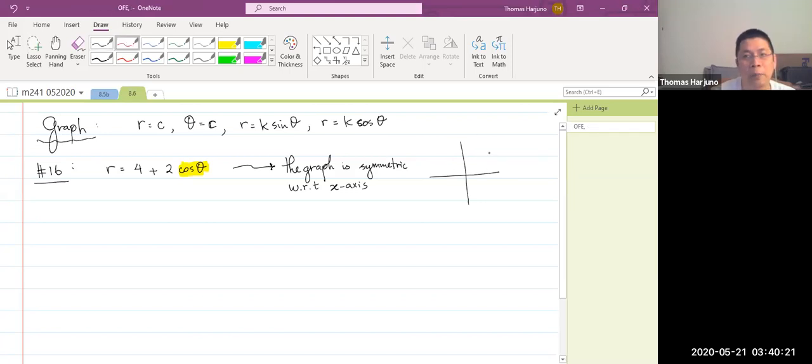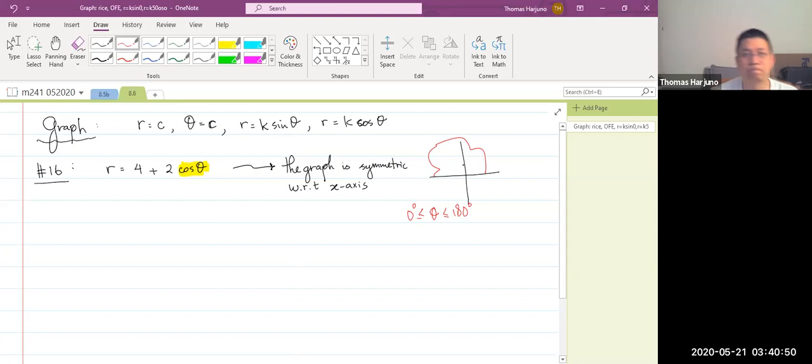Whatever you graph up here, you will copy, paste, and reflect. It means I just need to find the angle theta from 0 degrees to 180 degrees. That's good enough. Whatever graph I have there, I will copy, paste, and reflect.